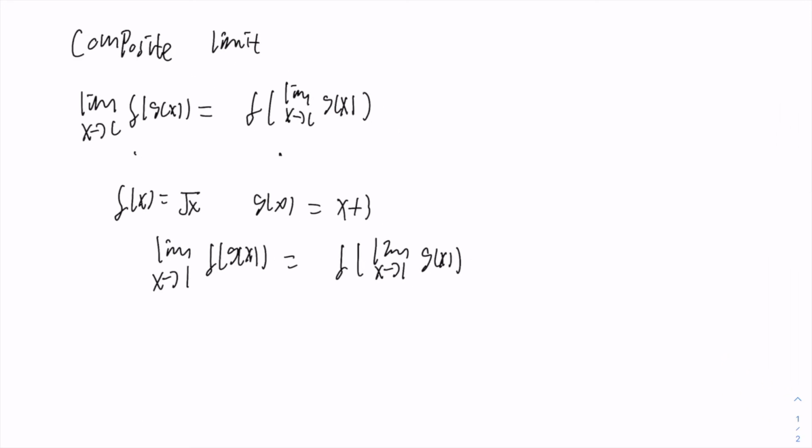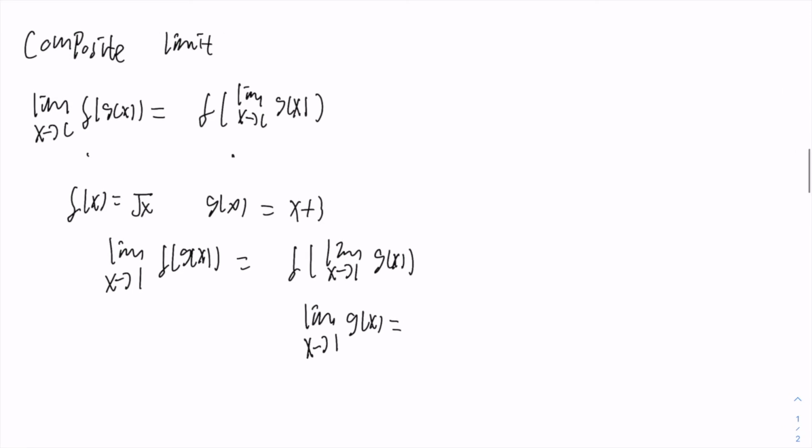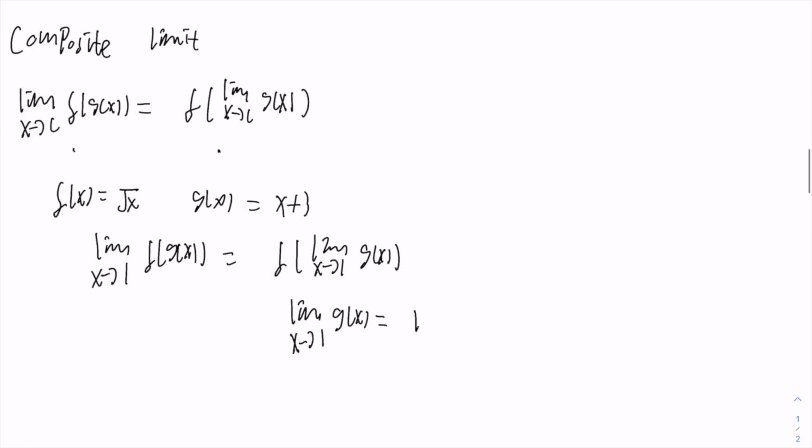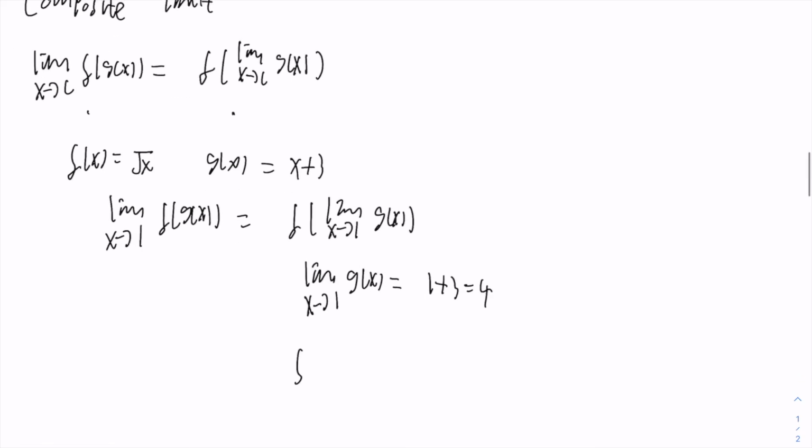If you evaluate the limit of g of x when x approaches 1, you're going to get 1 plus 3 equals 4, right? And you put f of 4 there, which is square root of 4, which is 2. And boom, you got the answer here.